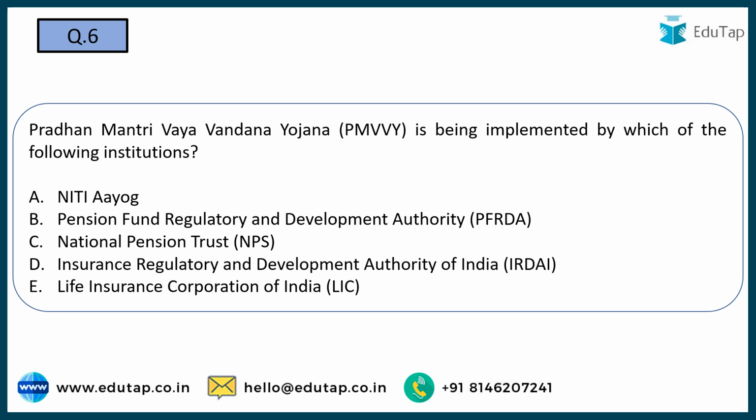So Pradhan Mantri Vaya Vandana Yojana is implemented by Niti Aayog, no. PFRDA, no. NPS Trust, no. NPS Trust is in your NPS. Okay, IRDAI or LIC. The correct answer will be LIC, which is one of the famous insurance companies in India.